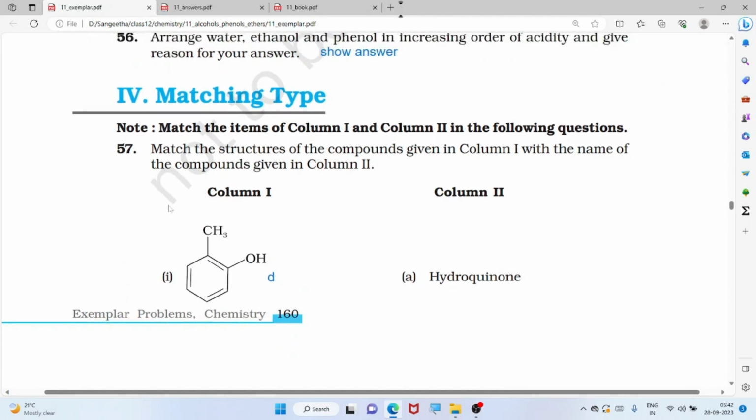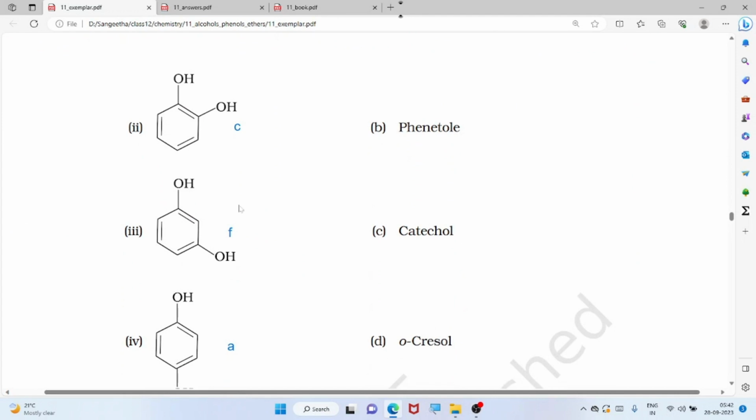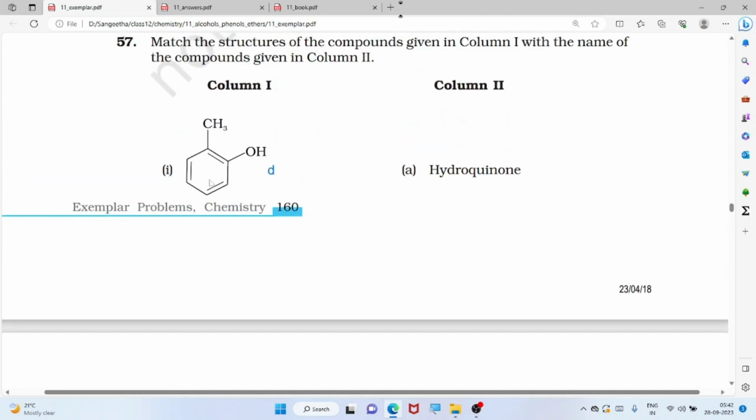So these are the matches, column 1 and column 2 names. Okay, this is D. These are all given in the book, you can go through this.